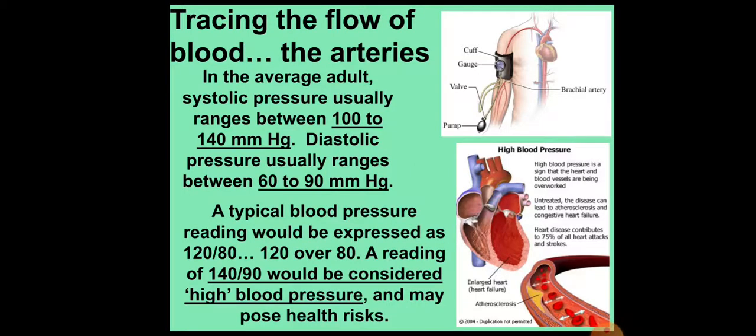In the average adult, systolic pressure usually ranges from 100 to 140. The diastolic pressure usually ranges from 60 to 90. A typical blood pressure reading would be expressed as 120 over 80. A reading of 140 over 90 would be considered high blood pressure and may pose health risks.